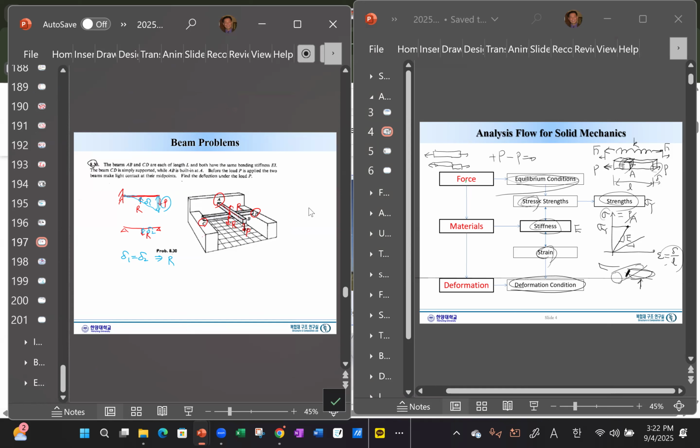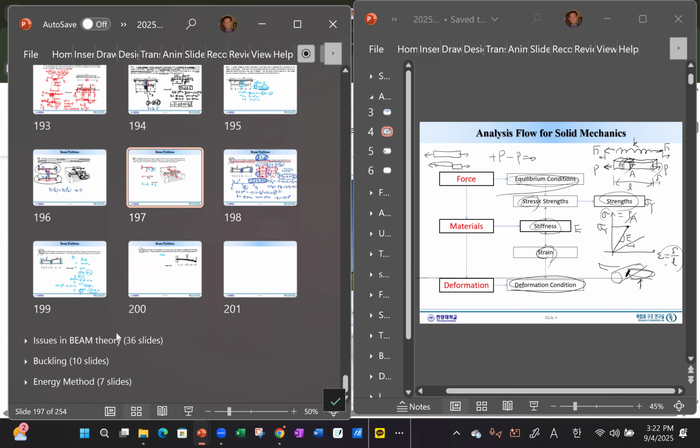Very tricky problems, but there could be something going on in the real world. And now we define like this, we should be able to design how much the maximum load we can apply, not to cause any material failure. Okay, this is one of the practical problems.